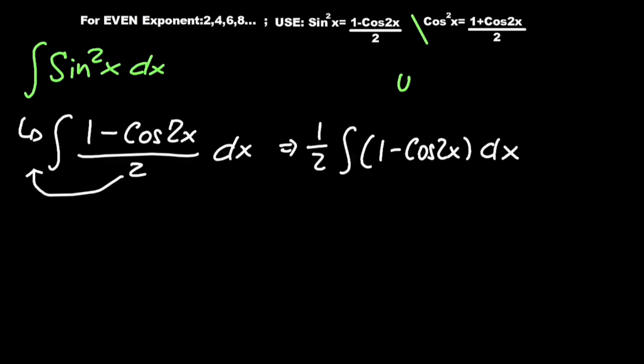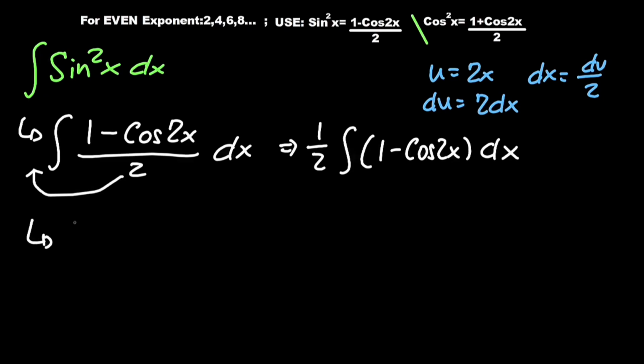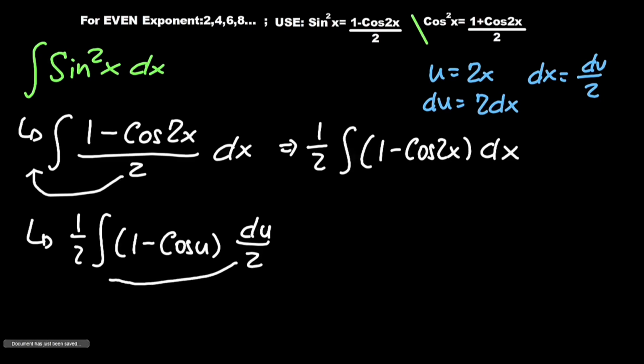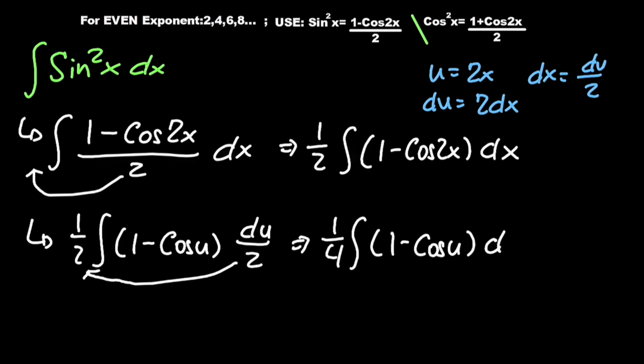And so, let u here right now be 2x. Derivative of 2x is 2. Multiply this by dx. And so, dx right here would be equal to du over 2. And so, this would be 1/2 the integral of 1 minus cosine of u. Dx right here would be equal to du over 2. We can put outside again the 2 here. So, this would be 1/4 the integral of 1 minus cosine of u du.